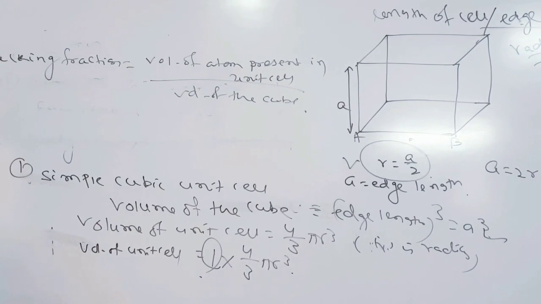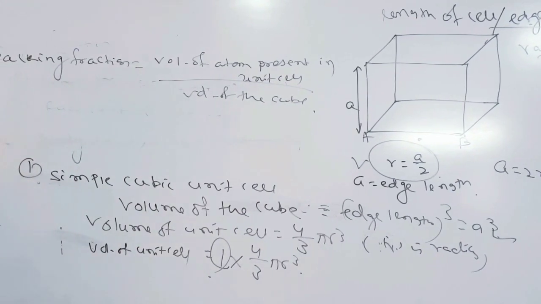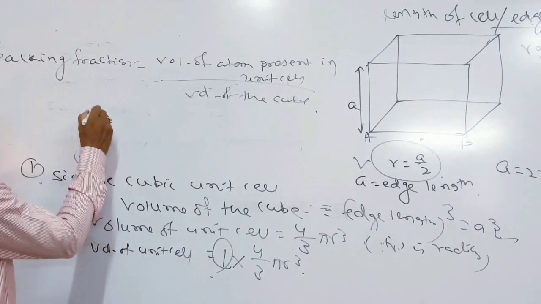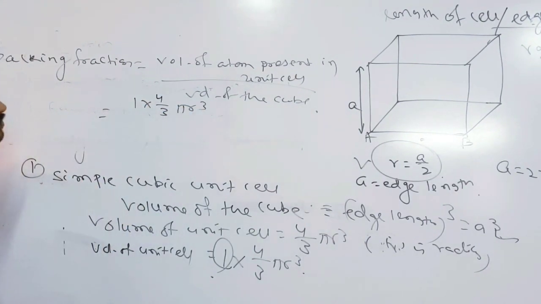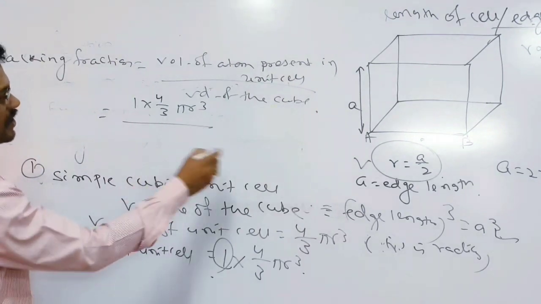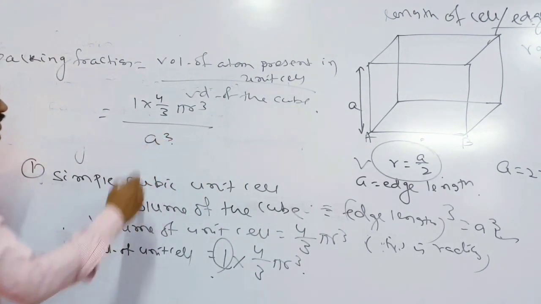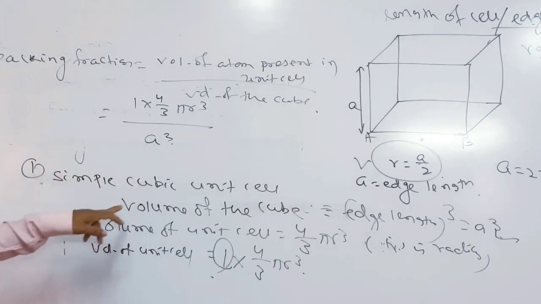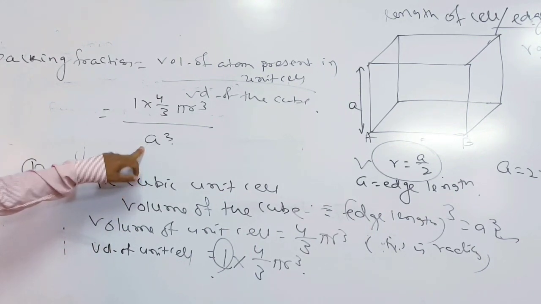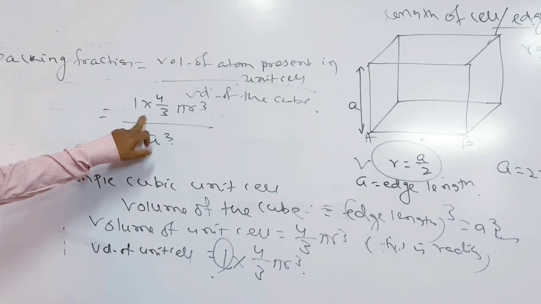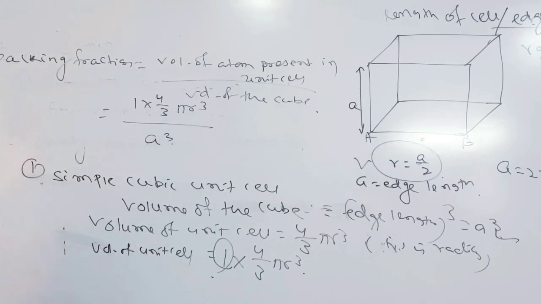So you can observe here, the volume of the unit cell is equal to 1 into 4 by 3 pi r cube, and the volume of the cube is equal to a cube, because we know that the cube length is a, that's why its volume is a cube. And the volume of the atoms present in the unit cell is 1 into 4 by 3 pi r cube.